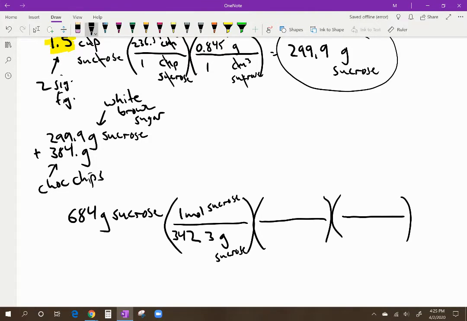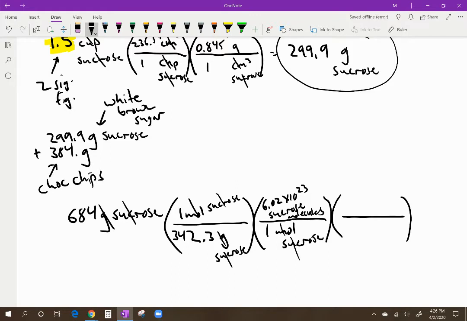Oops, let's put that up there. Okay, so that gets rid of grams, that gets rid of sucrose by our factor label method, and we have moles of sucrose. Every 1 mole of sucrose has Avogadro's number of sucrose molecules, 6.02 times 10 to the 23rd sucrose molecules. So that gets rid of moles and sucrose and gets us to sucrose molecules.